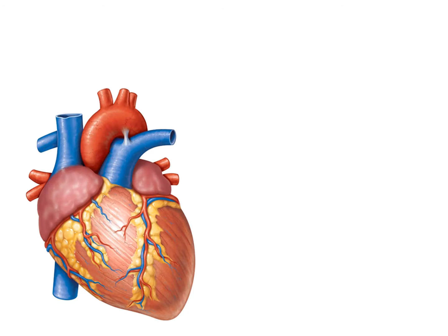Before proceeding, let's quickly review the definitions of arteries and veins, as well as the significance of the red and blue color coding. Our definition of an artery is it takes blood away from the heart.